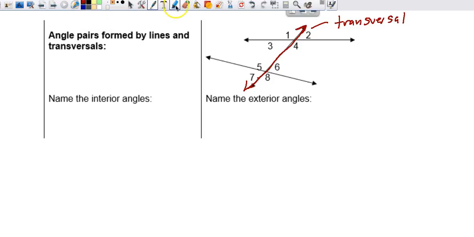So the interior ones would be like 5 and 6, 3 and 4. And the exterior ones would be the ones on the outside of the lines. So 1, 2, 7, and 8.